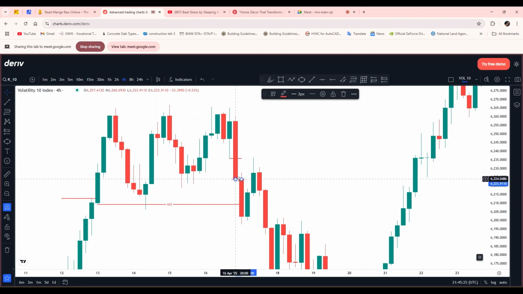So what that means is that this would be essentially the last break of structure of this current bearish swing.